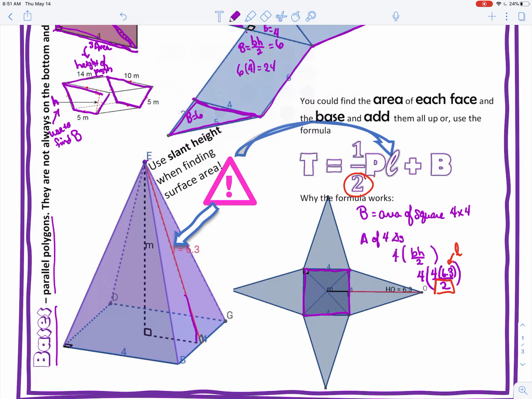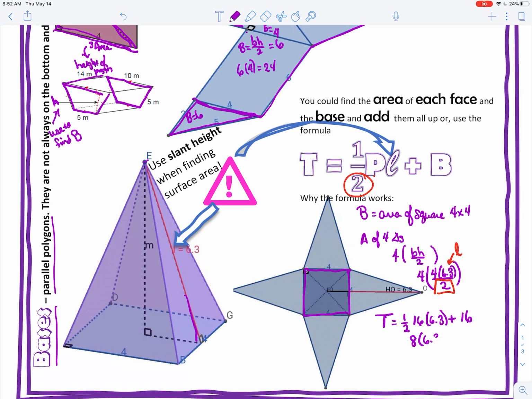So let's finish working it out. The total surface area is going to be 1/2 the perimeter of the base times the slant height plus the area of one base.